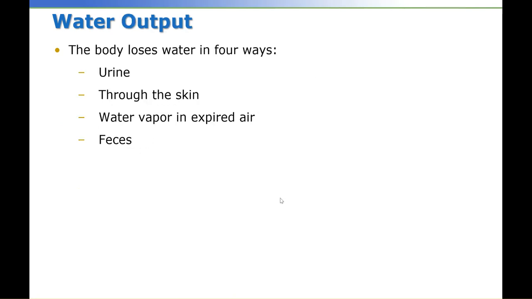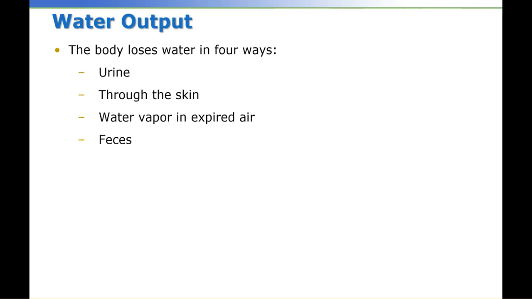Water output. The body loses water in 4 ways: urine, skin, water vapor in the air, and feces. One of the things we have to realize about water output is that in regards to certain diets, like a high protein diet, you're losing water because protein breakdown forms urea.